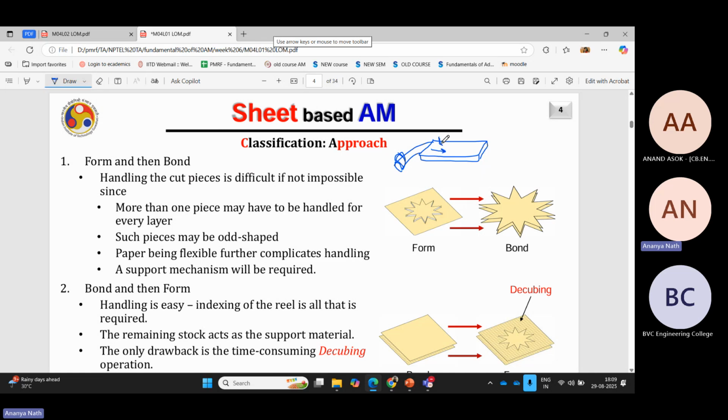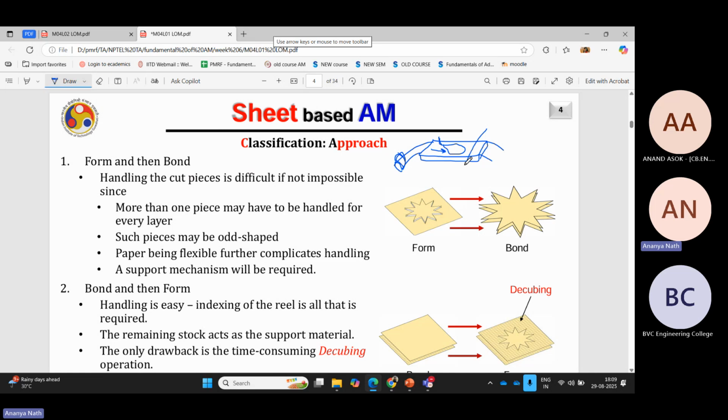For example, the knife is cutting the paper in a constructive way, where you want to make the part. Then the excess paper will go to the bin, and the remaining portion will be here, which we have cut using the knife.